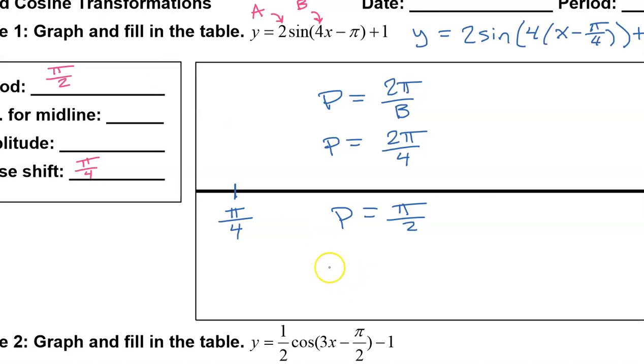So I've got the period. I'm going to put QP for the quarter period, and if I want to divide this by 4, the easiest way to divide a fraction by 4 is just to put an additional 4 in the denominator. So the quarter period is going to be pi over 8. All right, keep that in your mind.